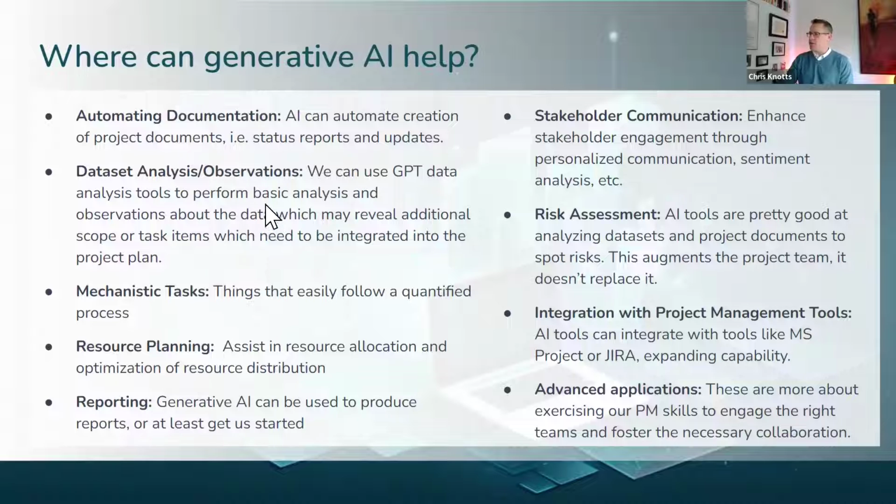You see some automation use cases here, repetitive work. These are mechanistic tasks, as we mentioned during the poll. But then there are some project-specific applications as well. Resource planning, capacity planning, and forecasting. Those are really hot topics, even just outside of AI these days. And AI has some good applications for helping with this stuff.